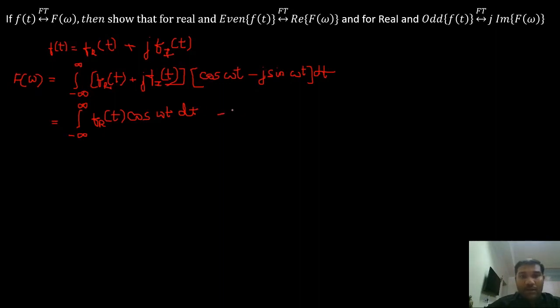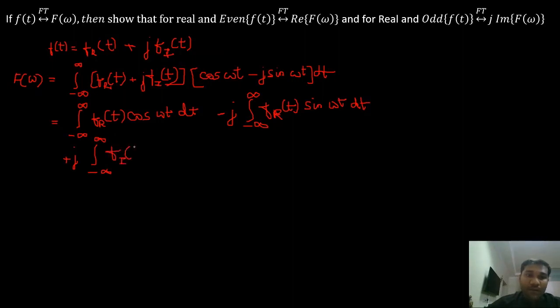So minus j integral from minus infinity to infinity f r of t into sine omega t dt, then plus j integral from minus infinity to infinity f I of t into cos omega t dt.